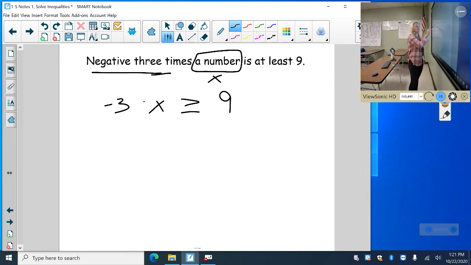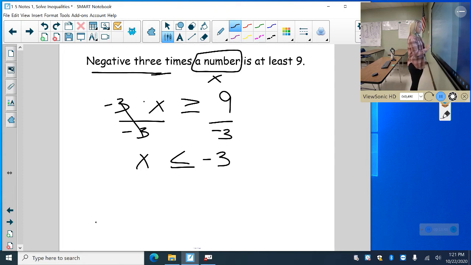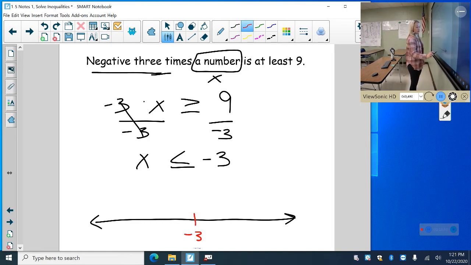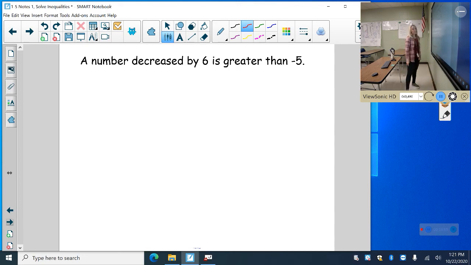So now to solve, I have to divide by negative 3. Flip your sign, since we divided by a negative, and we get negative 3. Go ahead and graph it. Here's my negative 3, closed dot, arrow going this way. A number decreased by 6 is greater than negative 5.